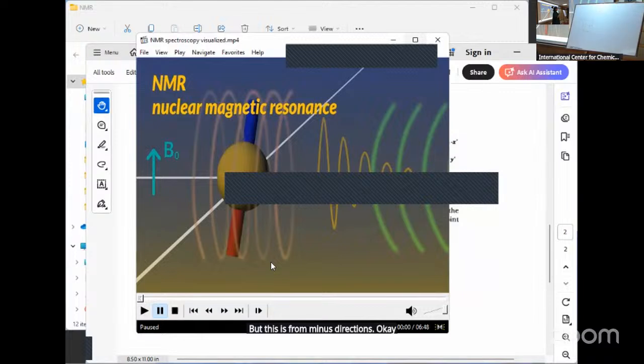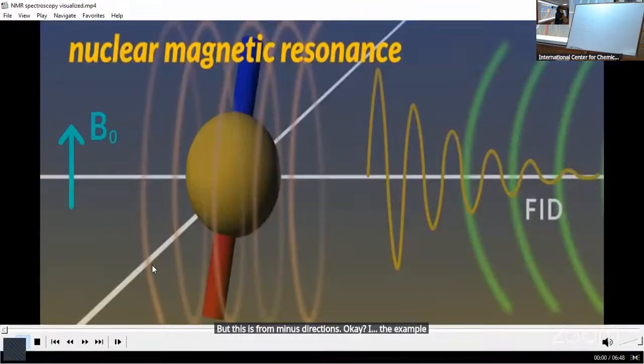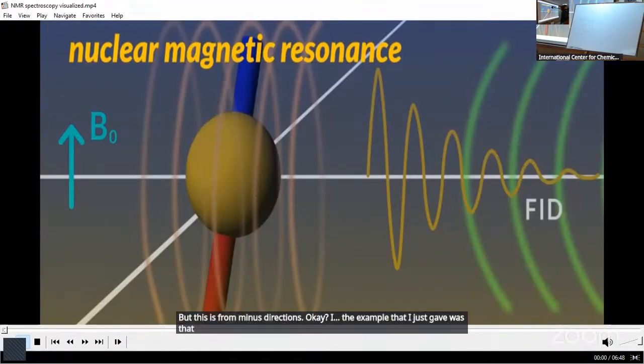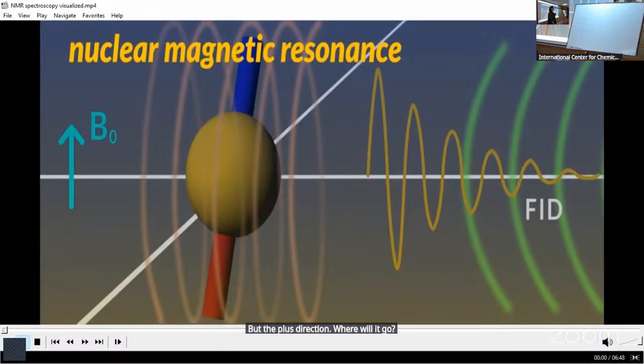The example that I just gave was that your magnetization vector is already at plus Z and you are giving a pulse from 90 Y, the plus direction. Where will it go? Yeah, clockwise when you are giving a plus pulse. We are right now in the positive pulses.